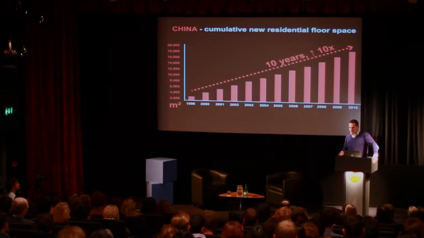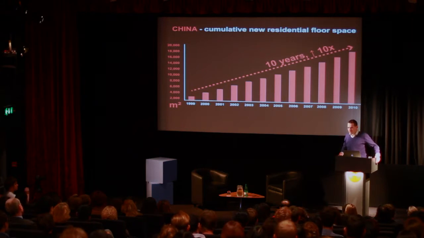And if you look at it more carefully, just at the residential planning and the residential expansion in China, you see that it is 10 times as much each year as it was 10 years ago, which are figures that have never been seen before anywhere in urban development in the world, also not in the Middle East about 10 years ago.